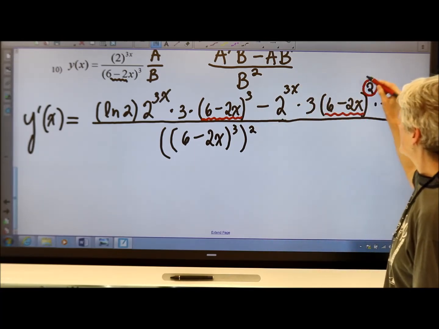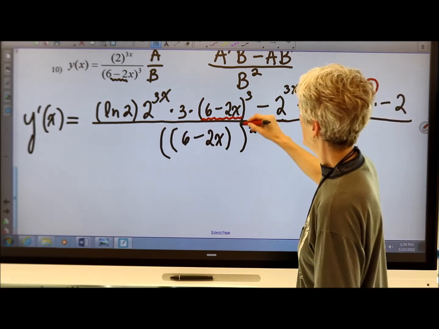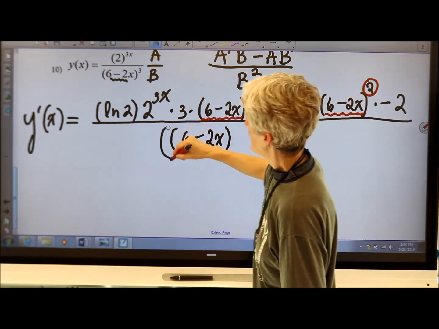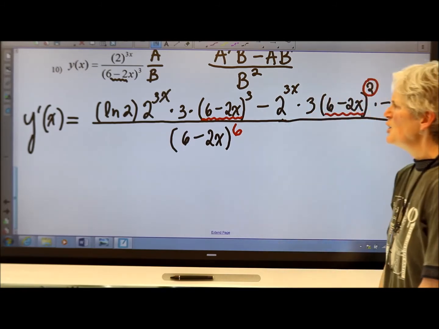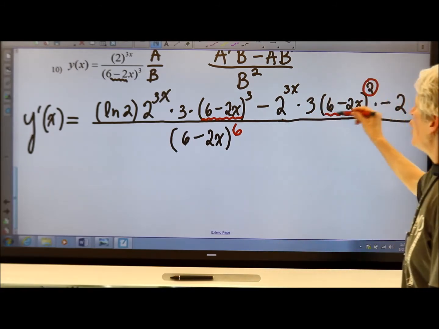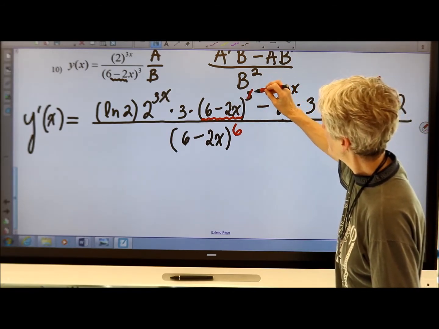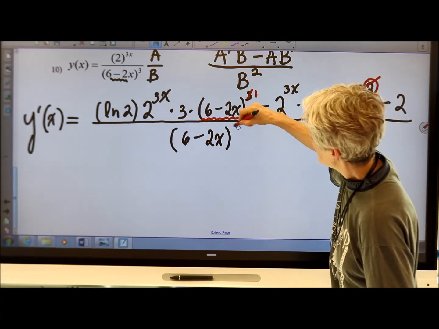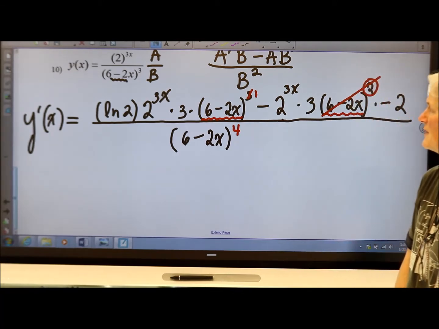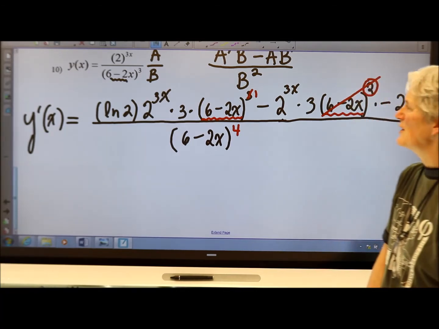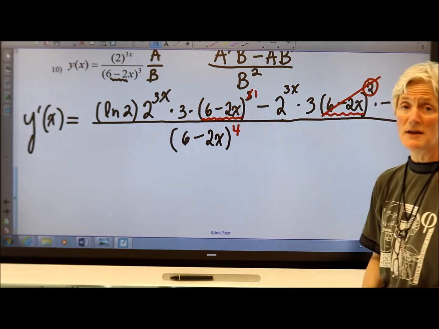There are 2 of them here, 3 of them here, and I've got 6 of them here. Remember, when you raise an exponent to an exponent, you multiply those exponents. So could I not divide out 2 of these and 2 of these and divide out 2 from the denominator? I think I could. Everybody see what I did? I just divided out a common factor of 6 minus 2x squared from this term, and from the denominator.